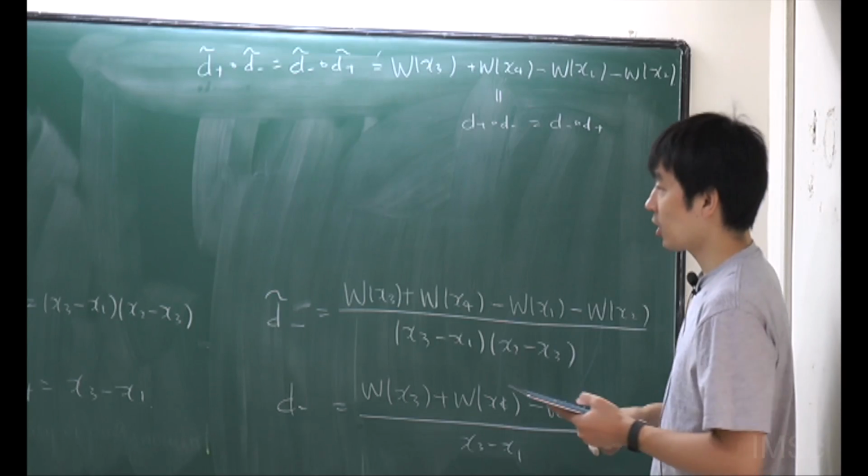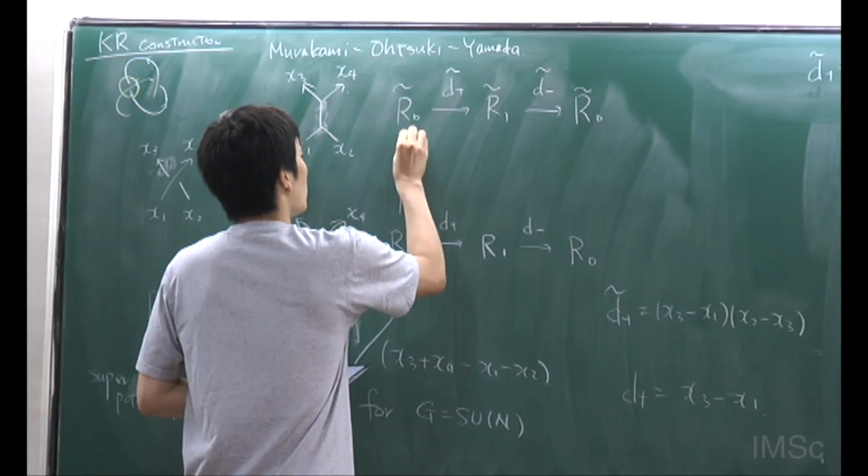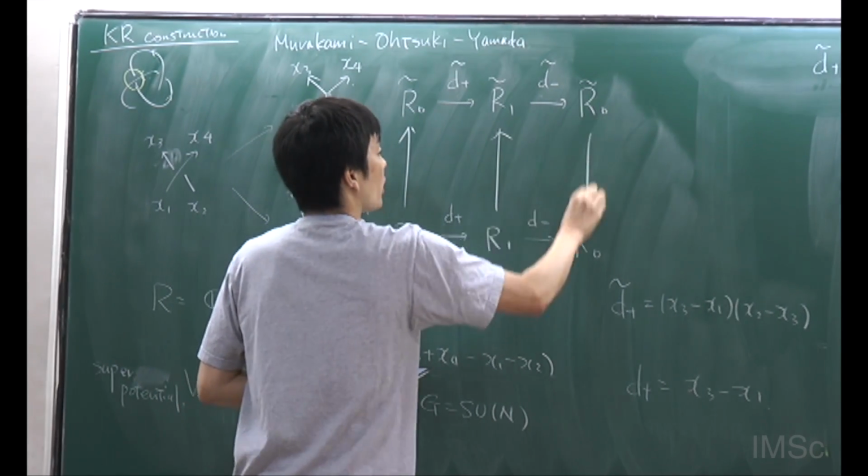So given the two matrix factorizations, so this is two types of defect, and in mathematics it's called cone construction.